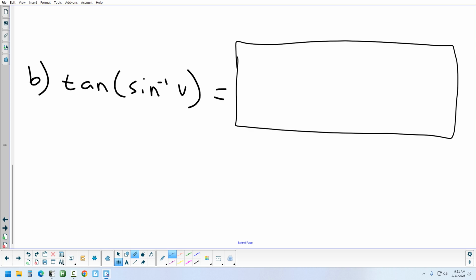Yep. Do the inner first. Take the inner, okay. Set it equal to theta. That's a good first step.